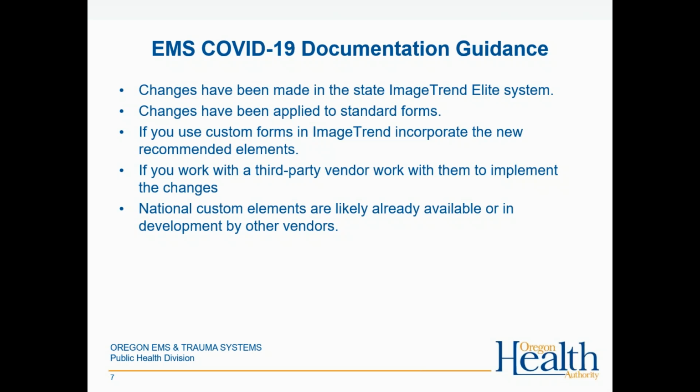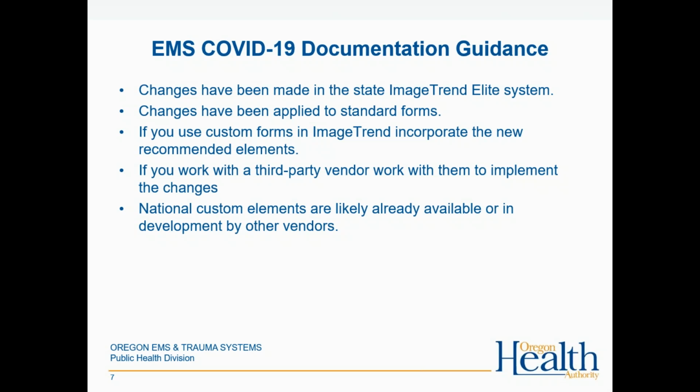These changes have been implemented within the state of Oregon's ImageTrend Elite system. And we have also updated the state standard forms to reflect these changes. So all of these elements are available in those forms if you use the standard forms. However, if you use custom forms in ImageTrend, you will need to incorporate these new recommended elements.